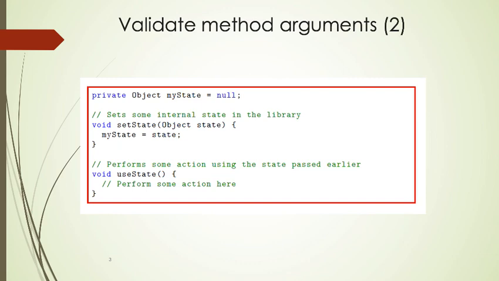Now, this is how you don't do it. You have a private attribute and then two public methods. One that sets the private attribute and one that uses the attribute. The set method just blindly assigns the argument to the private attribute, and then the use method doesn't perform any checks.